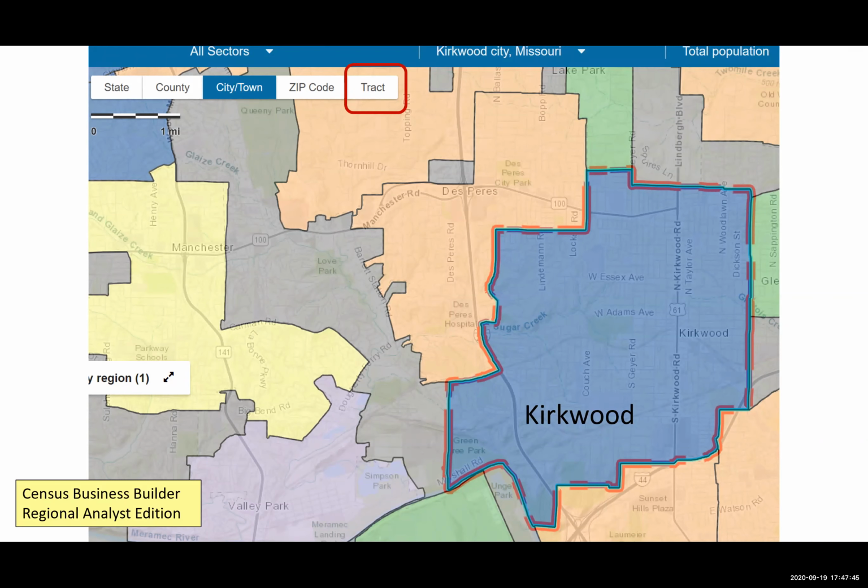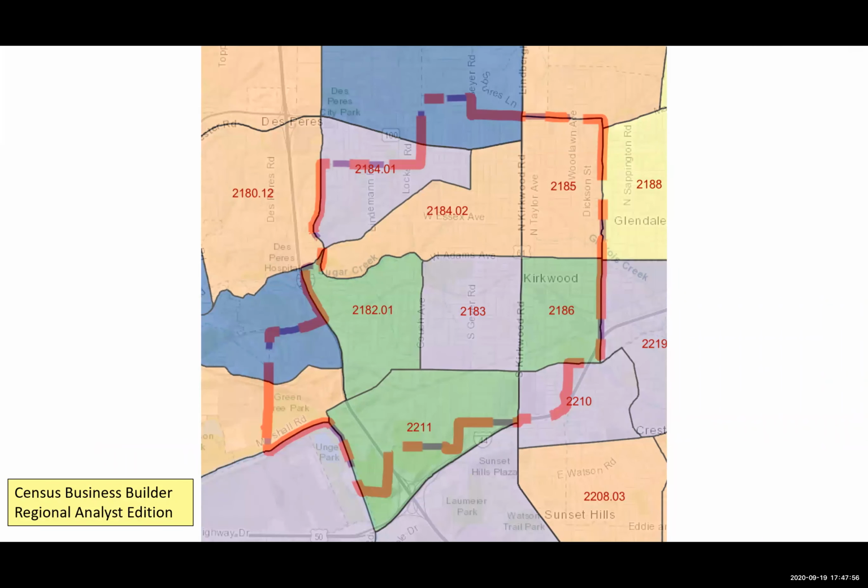To find Kirkwood's tracts, click on the word tract in the menu bar to the top and left of Kirkwood. Census tract numbers appear within the city boundary outline. As we saw before, some tracts are totally within the city limits, and some are only partially located in Kirkwood.